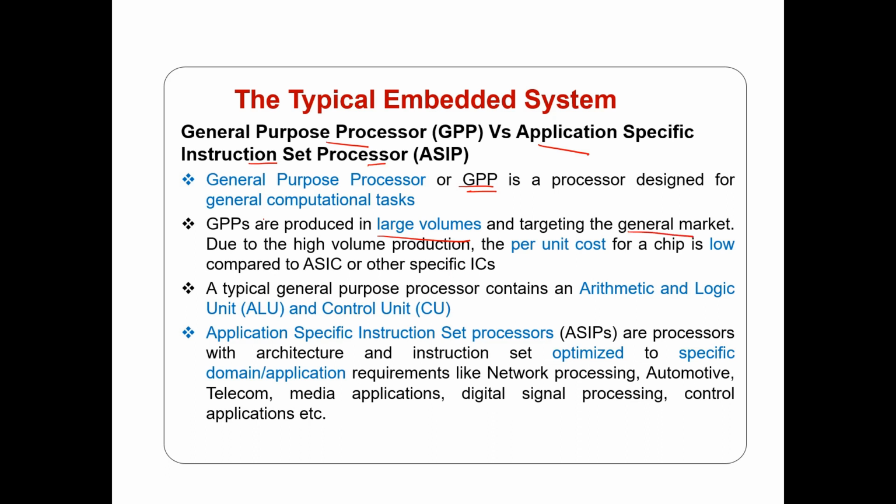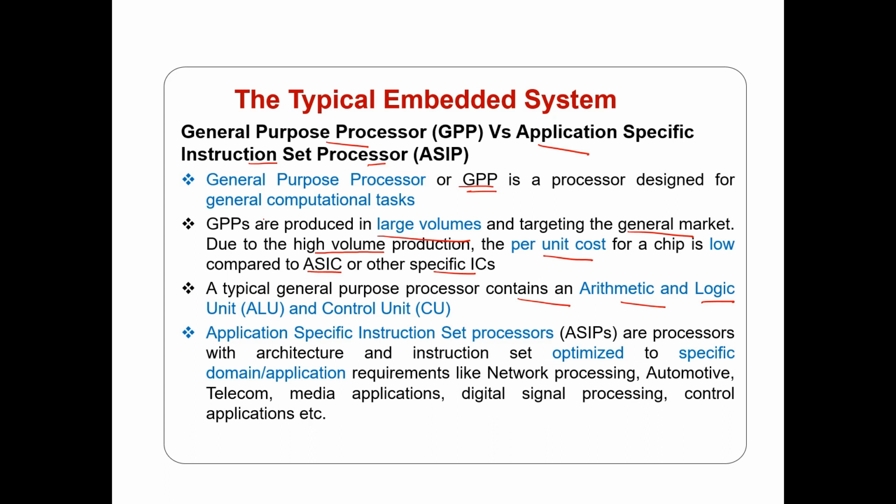So whenever they are in production, high volumes are produced, and the unit cost per chip is very low compared to application specific or other specific integrated circuits. The general purpose processor usually has an arithmetic and logical unit and a control unit.